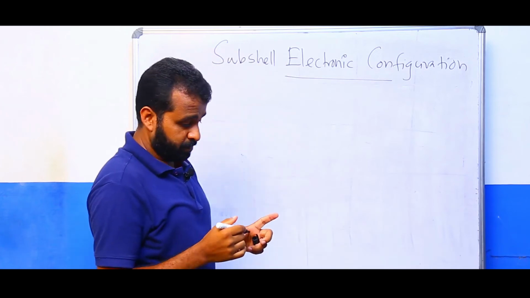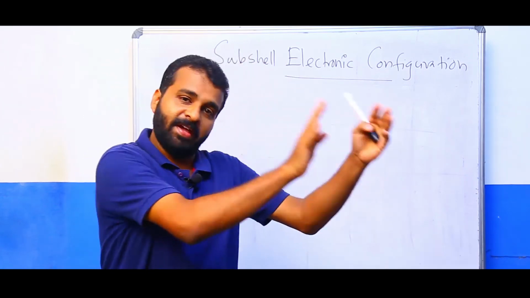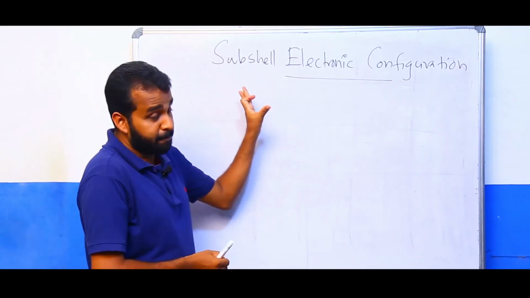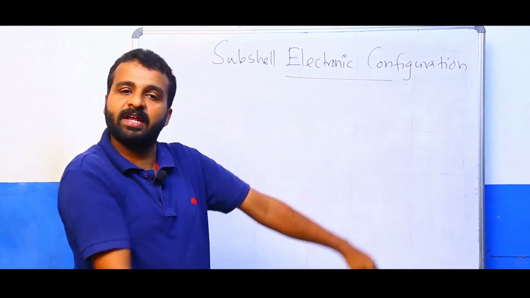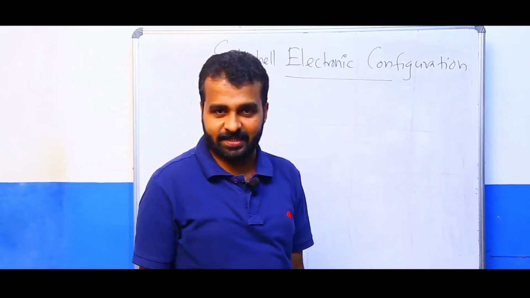We know that in shells, electrons are filling in the increasing order of energy. In the same manner, in subshells, electrons are also filled in the increasing order of their energy. So what is the increasing order of energy of various subshells?